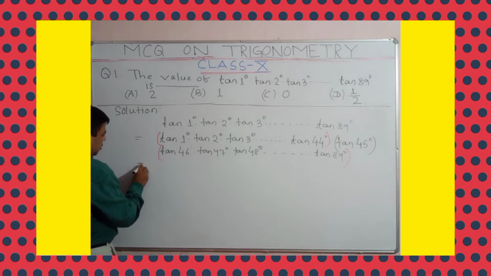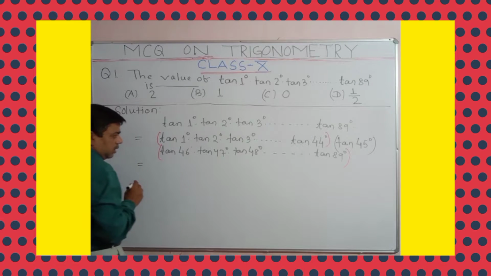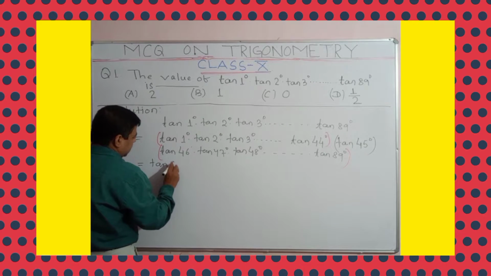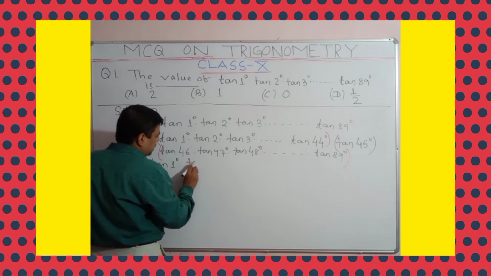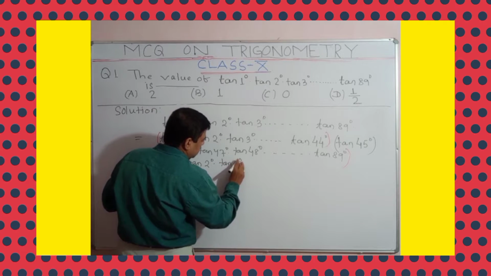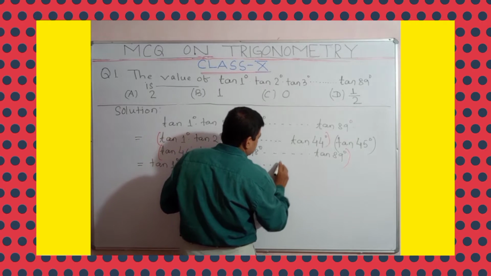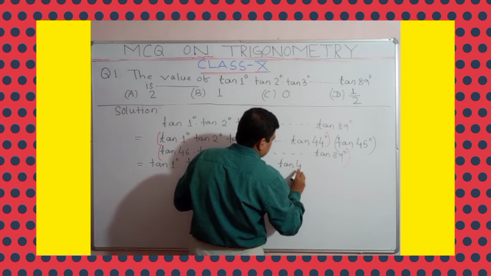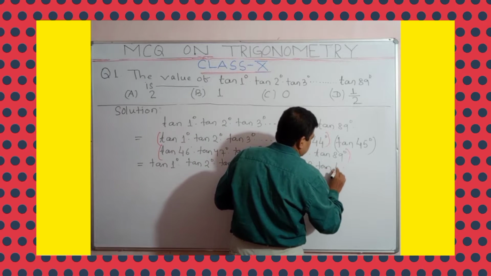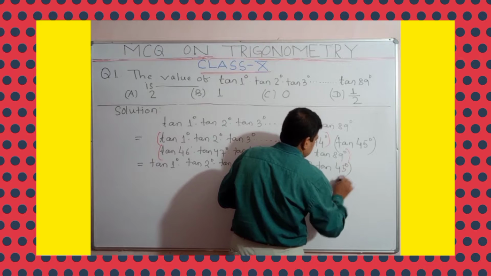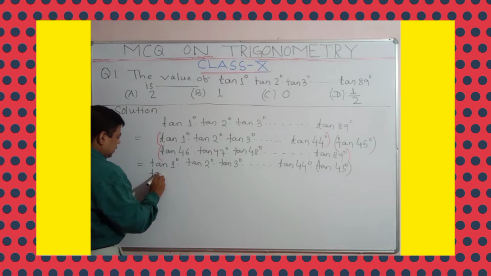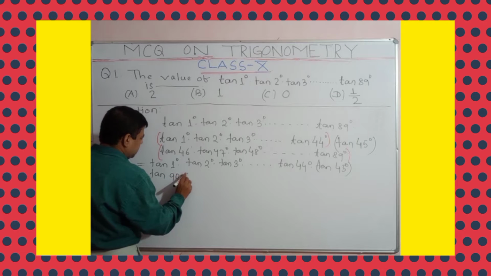Now you modify this. You can write tan 1 degree into tan 2 degree into tan 3 degree up to tan 44 degree into tan 45 degree. After this, tan 46 degree can be written as tan of 90 minus 44 degree.